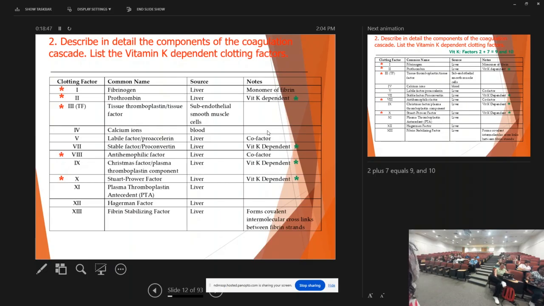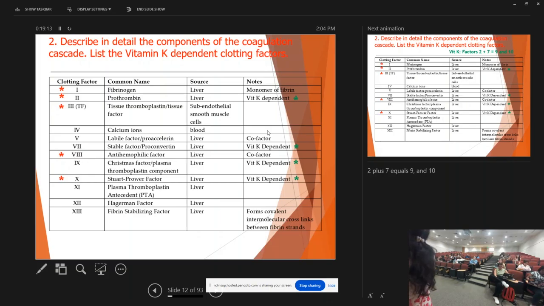Majority of them are made in the liver, right? Except for the tissue factor, which is understandably in the endothelial, right? But for the majority, think about if the patient's liver is not functioning properly, how would that impact all this factor production, synthesis, activation? So keep that in mind when you have clinical cases, when you discuss that.